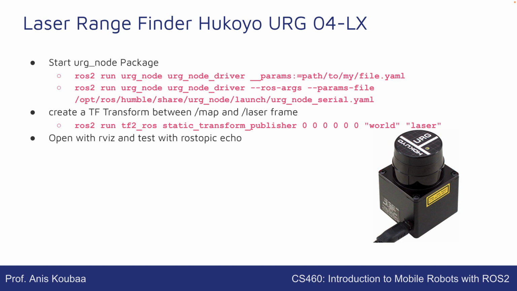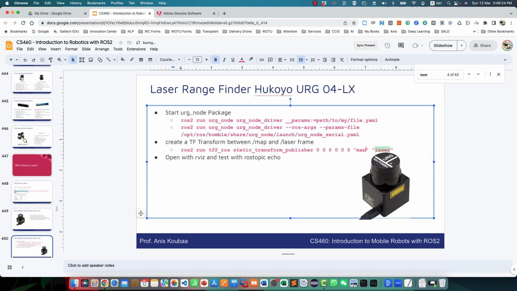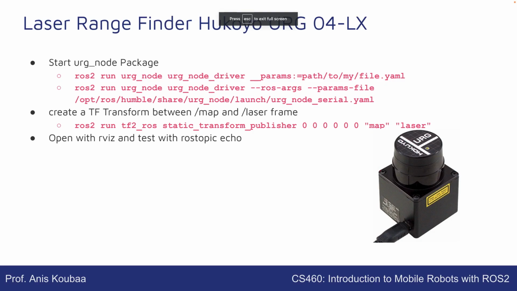Usually RViz expects to have a map frame. In future lectures, we will discuss in detail frames and why we need them. But in summary, a frame, as I probably explained before, tells you in which context you are going to express a certain coordinate. Usually the map frame is what we call the global coordinate frame, like the world frame.